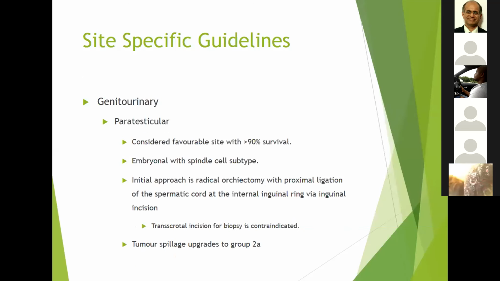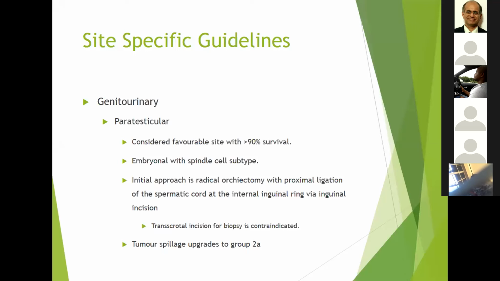And then you get your paratesticular tumors. These are in a favorable site, and they're usually the embryonal spindle cell type, and treatment is just a radical orchidectomy with high ligation of the spermatic cord.